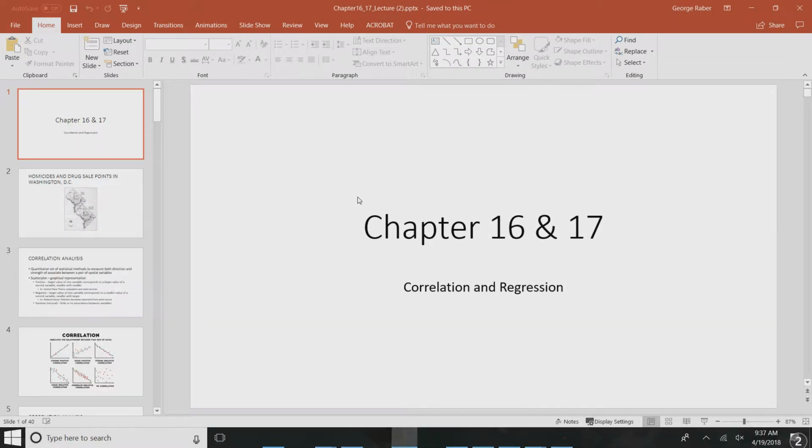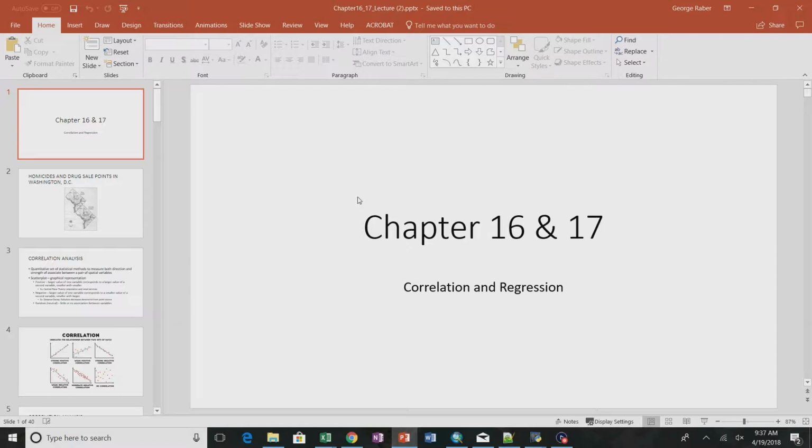All right. So today we're going to talk about two different things: correlation and regression, and they're very related. They just have a slightly different purpose, and one builds on top of the other. Actually, the last chapter in the book builds on regression even further.